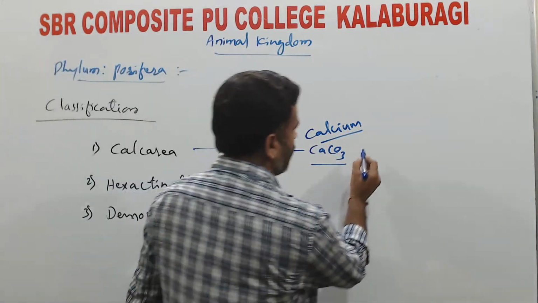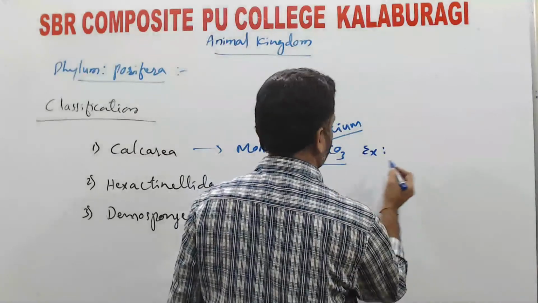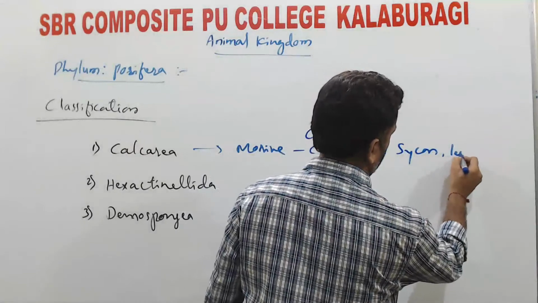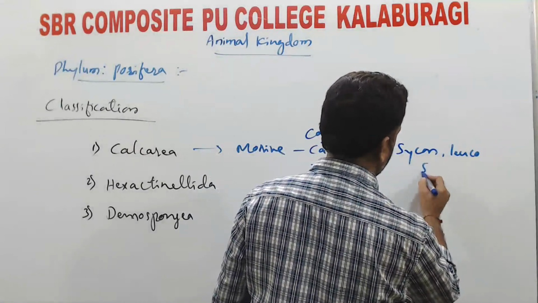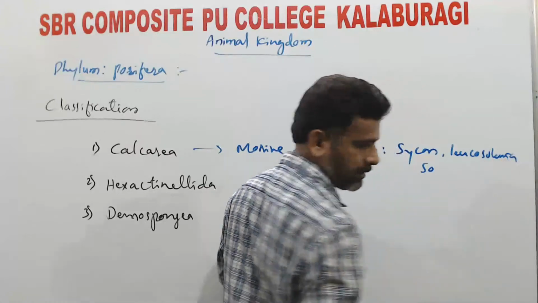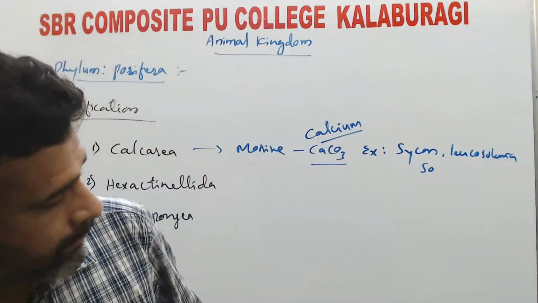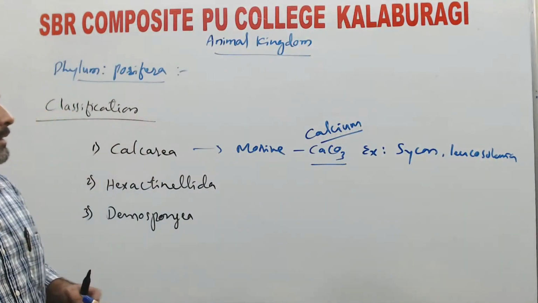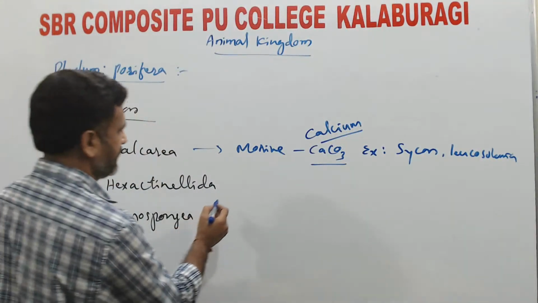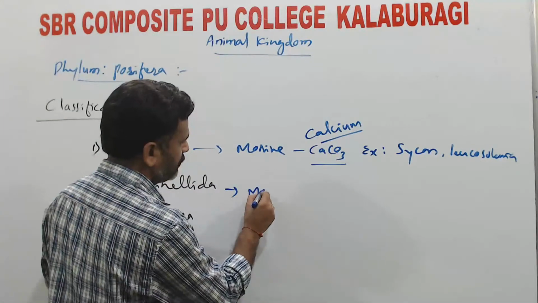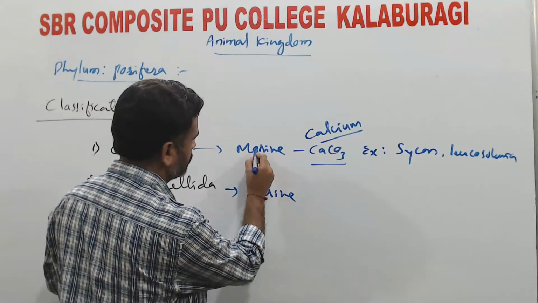So the examples for the Calcarea are Sycon, Leucosolenia, Scypha, etc.